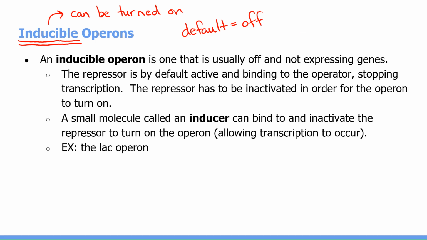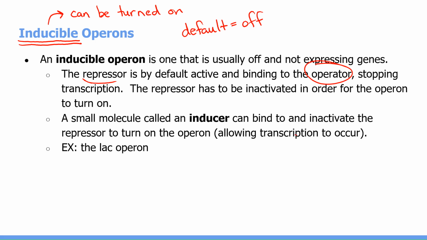And so what does it mean for the operon to be always off? It means that the repressor is bound to the operator as a default. And so this repressor is said to be inactivated in order for that operon to be turned on. So what turns on this operon?